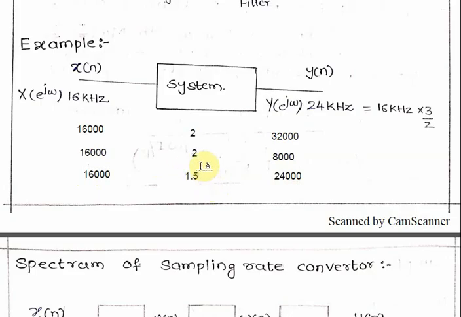We cannot do interpolation with 1.5, but we can write 1.5 as 3 divided by 2. So we need to do both operations, interpolation as well as decimation. Now we are going to discuss sampling rate conversion using interpolation and decimation.